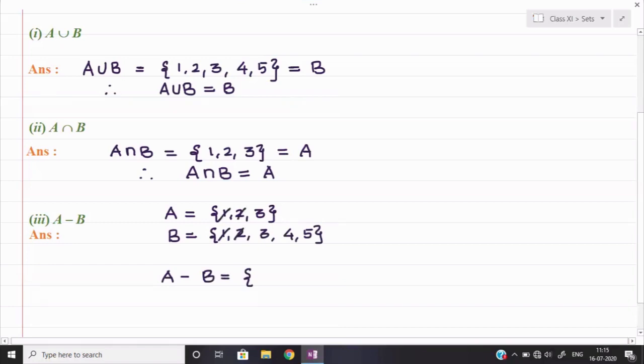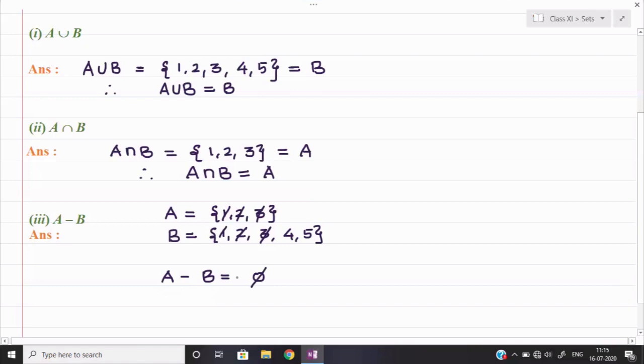So 1 will be cancelled, 2 and 2 will be cancelled, and 3 and 3 will be cancelled. After cancelling the common elements, we write down the remaining elements of the first set. So who is my first set here? A. And in A, whatever elements are remaining, that we shall write down. So one thing you observe, now in A there is nothing remaining over here. Okay. So see, if I cancel the common elements, then in A and B, after cancelling the common elements, in A nothing is remaining. So I can say that A minus B is equal to 5.